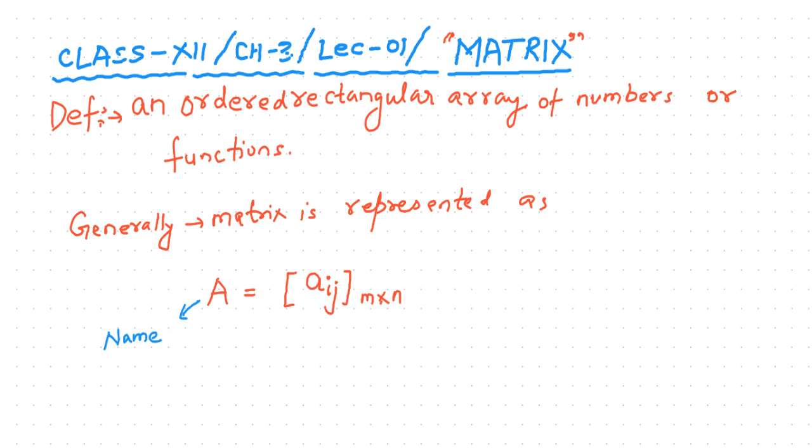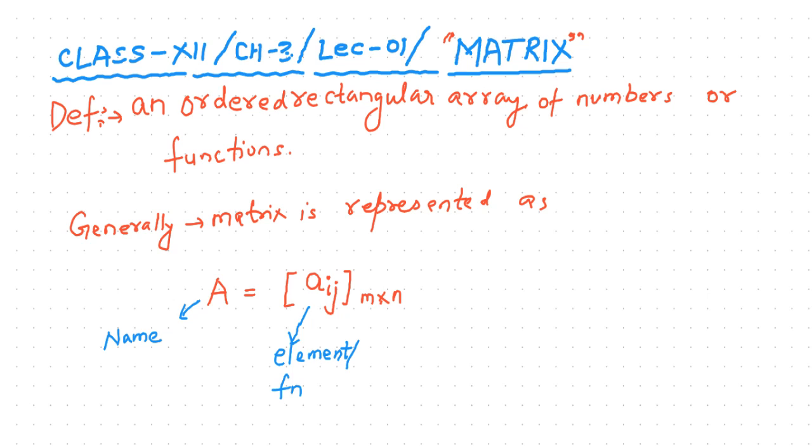Here, the letter small a represents the element or function. As we have seen in the definition, it is an ordered rectangular array of numbers or functions. So aij is either a number or a function.